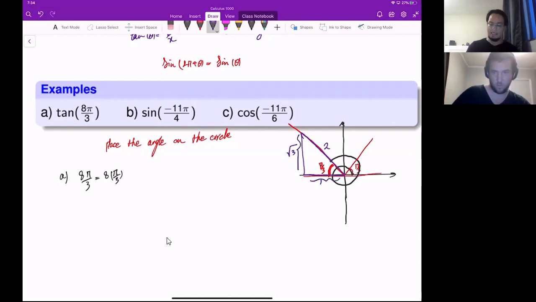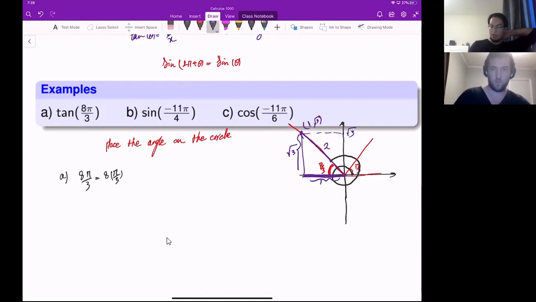But what I need is the point, x and y. So here I want to find the x component. You look at this side, I see it's 1 from here. Very nice. And if you go up to there, this is root 3. So root 3 there, x and y.